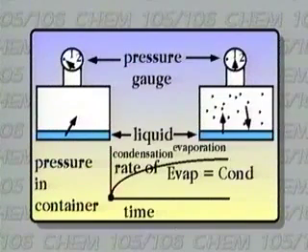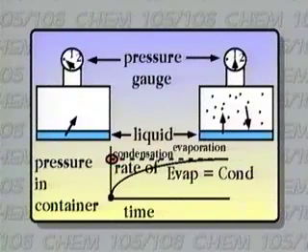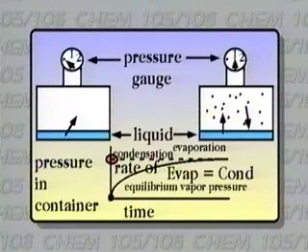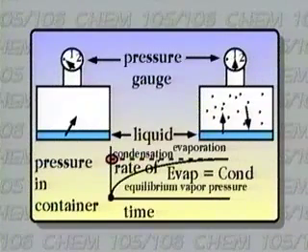We could extrapolate this over to our edge here. We refer to that pressure, when these two become equal, as the equilibrium vapor pressure. Equilibrium vapor pressure.